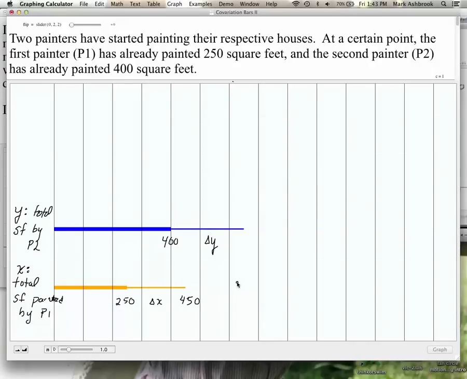While painter 1 painted 200 more, how much did painter 2 paint? 250 more, total of? So convince yourself numerically whether you can make a conclusion as to whether the total amount painted by painter 2 maintains a relative size to the total amount painted by painter 1. Numerical proof.